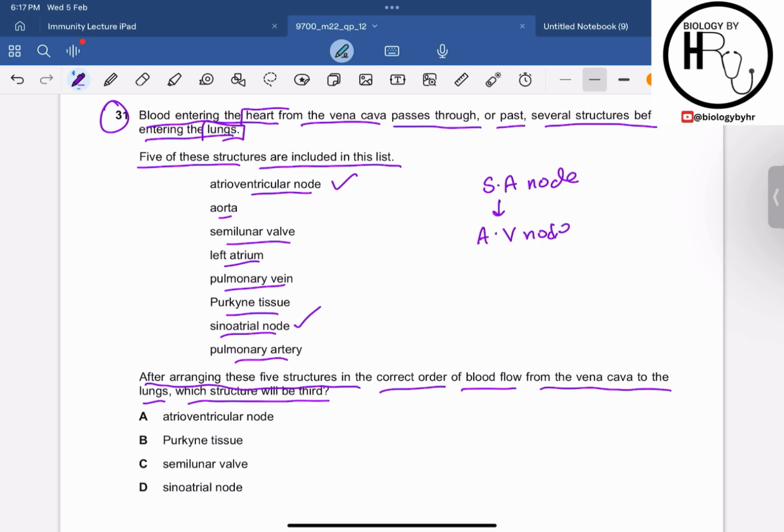And then there comes the bundle of His. But the bundle of His is not given in these options, right? So then Purkinje fibers are given, right? Bundle of His is basically in the interventricular septum, I believe, right? Yes, in the interventricular septum, and then comes the right and left branch of the Purkinje fibers.